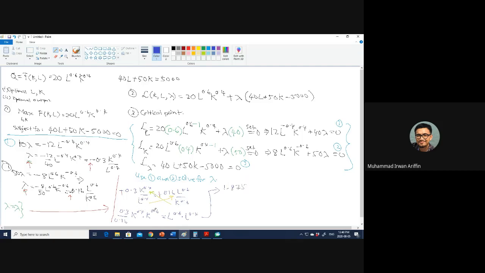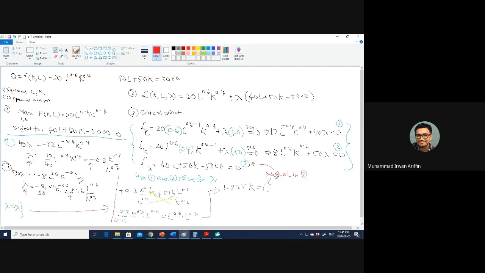So K, 0.4 plus 0.6, right? Since these terms have the same base, we can add their powers. So 0.4 plus 0.6 would be K^1 equals L. So now we have solved for L in terms of K. What we need to do next is to simply substitute L in equation 3, this equation.